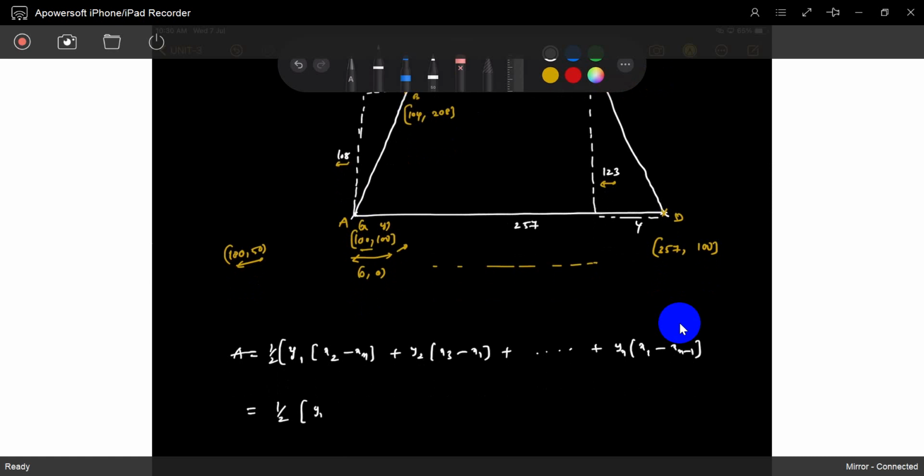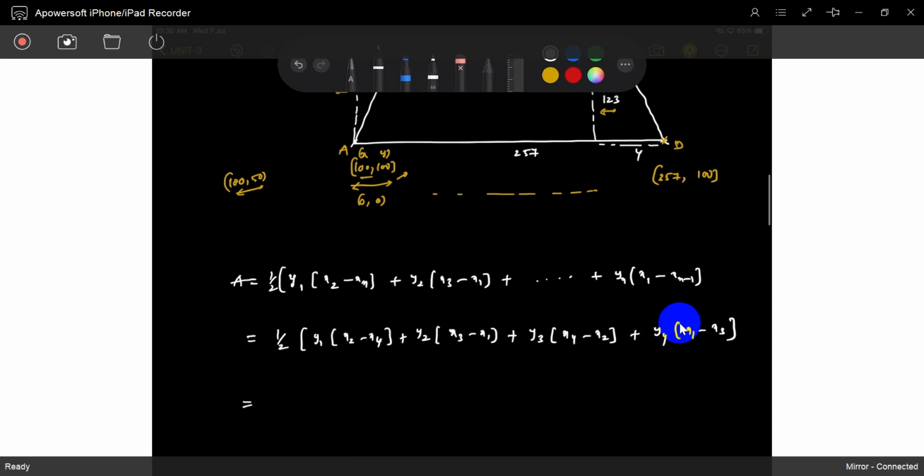We have only 4 coordinates: y1 (x2 minus x4), y2 (x3 minus x1), y3 (x4 minus x2), and last, y4 (x1 minus x3). Just a very simple formula.